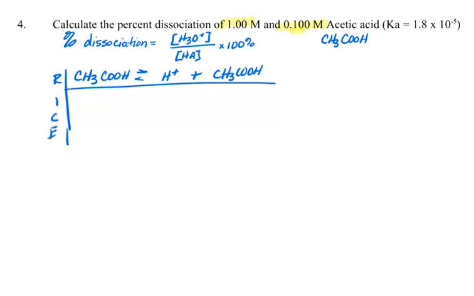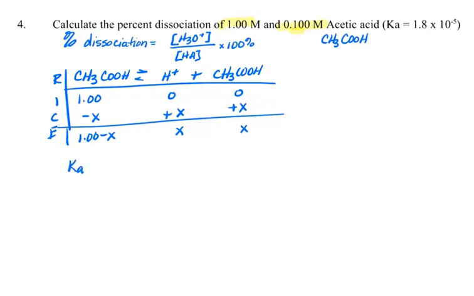So we're going to start with the first one. It has a concentration of 1. These have not dissociated yet, so they have no concentration. For every 1 molar that we lose, we gain a molar of each of those. So we have 1 minus X, X, and X, almost identical to what we've done before.